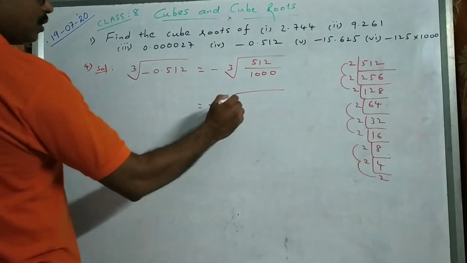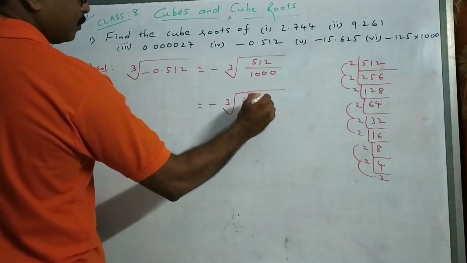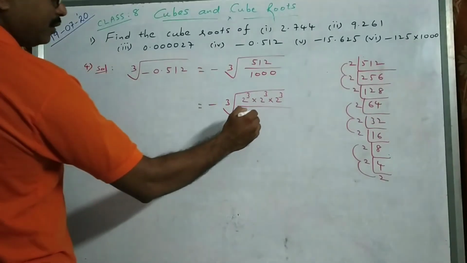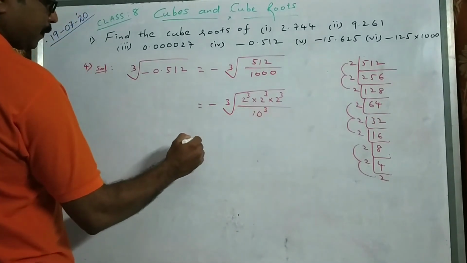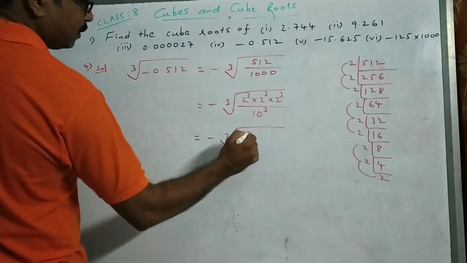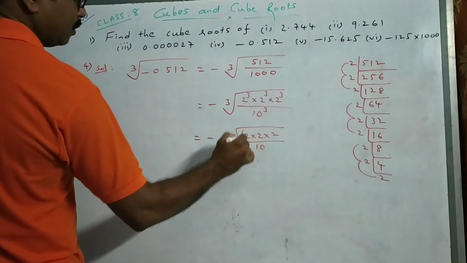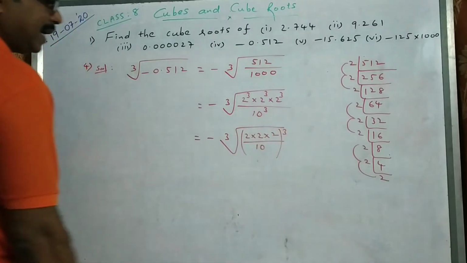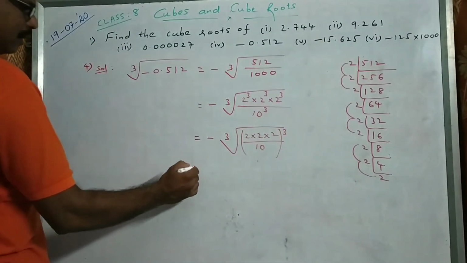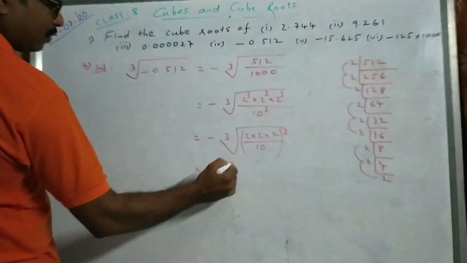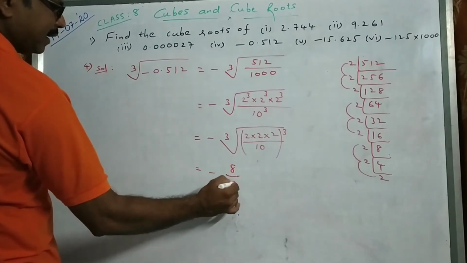So 2 cube into 2 cube into 2 cube upon 1000, which we write as 10 cube. Cube root of 2 into 2 into 2 upon 10 whole cube. Can we write like that? Right. Now cube root and cube get cancelled, then what will you get? 2 2s are 4, 4 2s are 8, by 10.